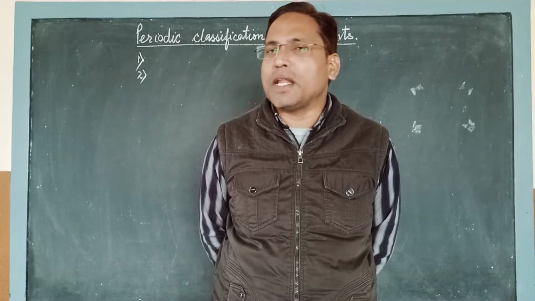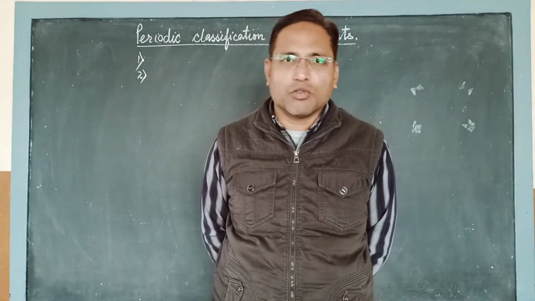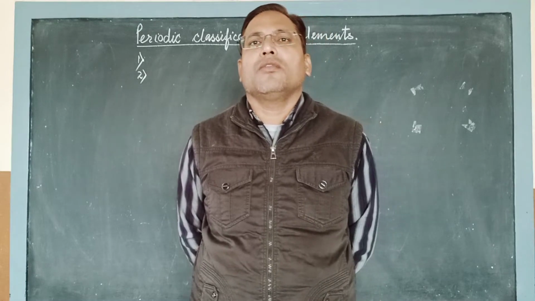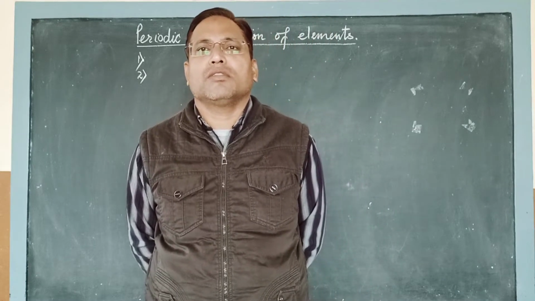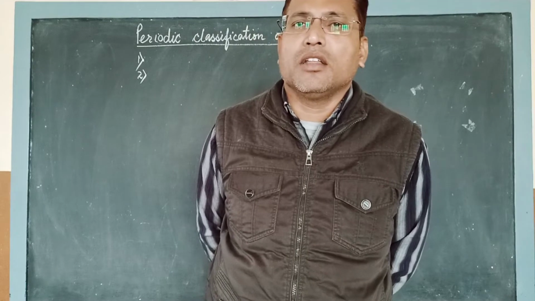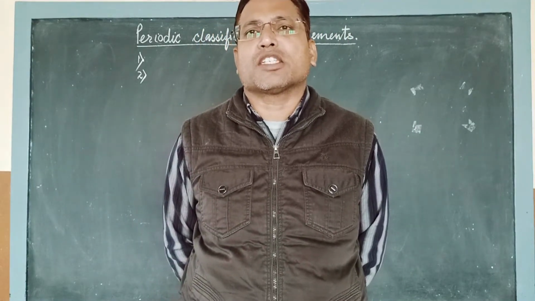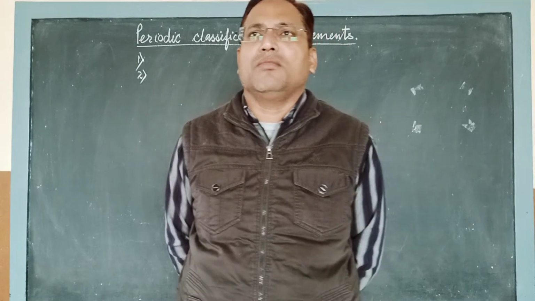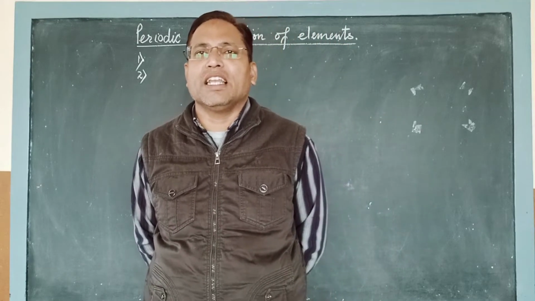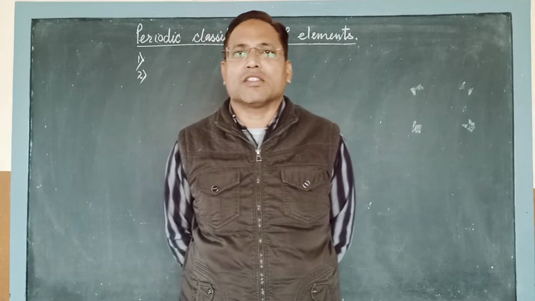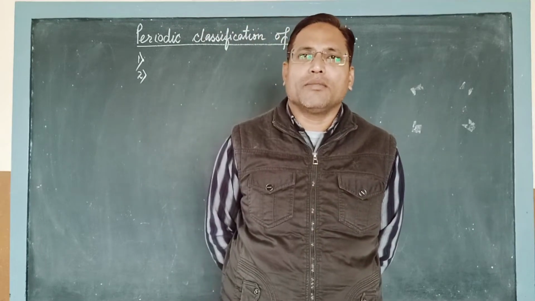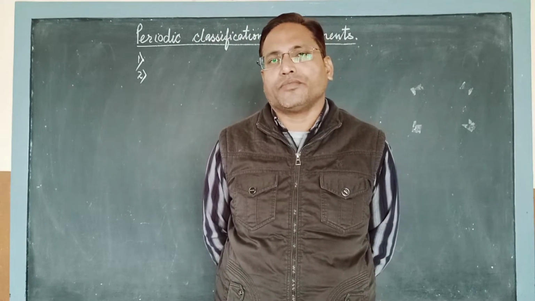So cobalt should be placed later on and nickel should be placed first. When Mendeleev was questioned by the contemporary scientists, he could not explain why he had placed cobalt first and nickel later on, although cobalt has more atomic mass than nickel.